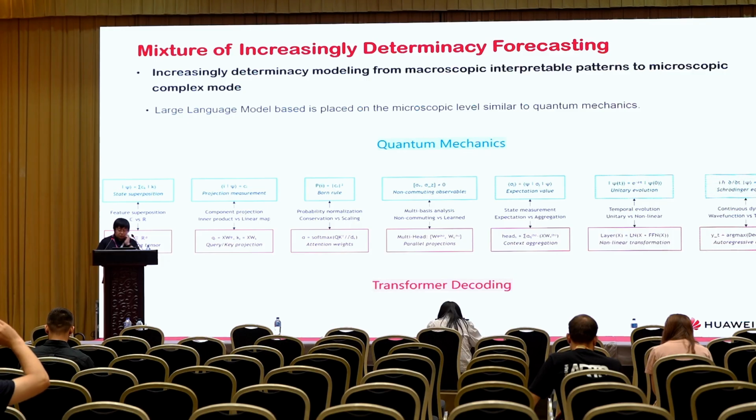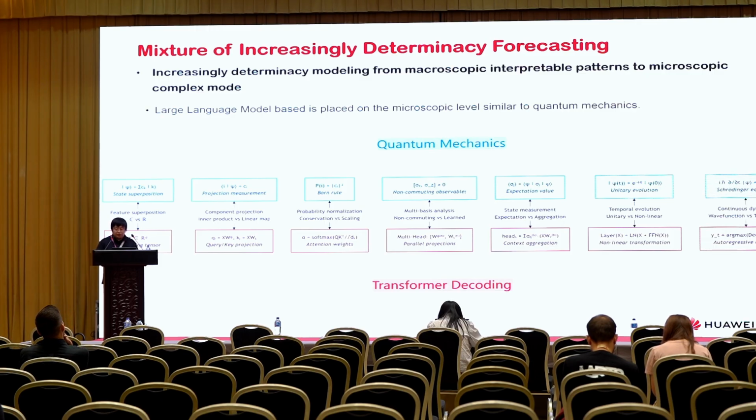The first, superposition. Each input embedding is a real-valued state tensor blending multiple latent features, and the linear projections in attention and feed-forward layers distribute and recombine these feature components, much like expressing a quantum state in different bases, except for lacking complex amplitude and phase information.